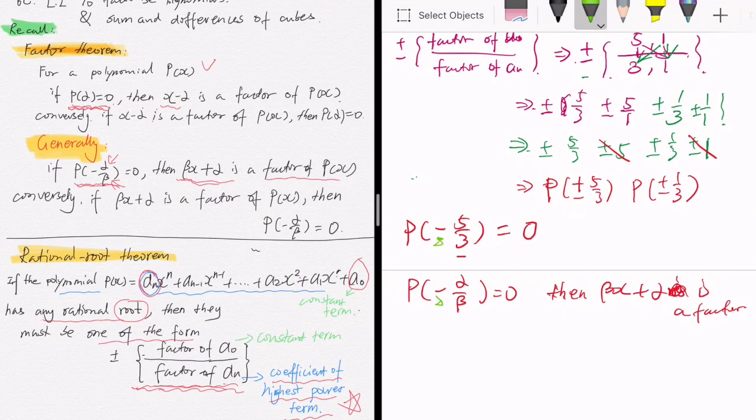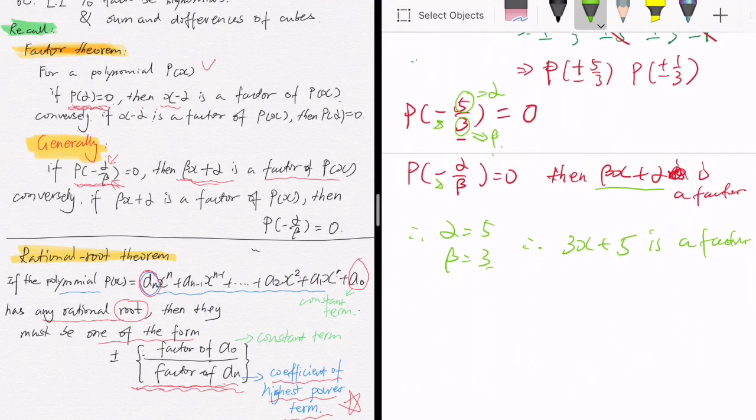Because it's alpha over beta, 5 is my alpha and 3 is my beta. So alpha is 5, beta is 3, and beta x plus alpha is a factor. Therefore, 3x plus 5 is a factor. This is how you find the factor by using the general factor theorem.